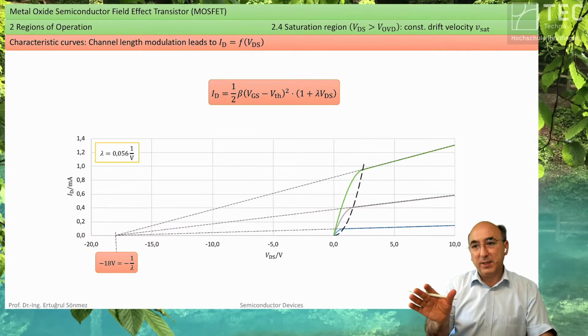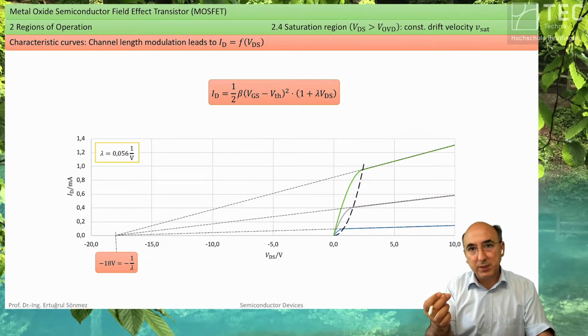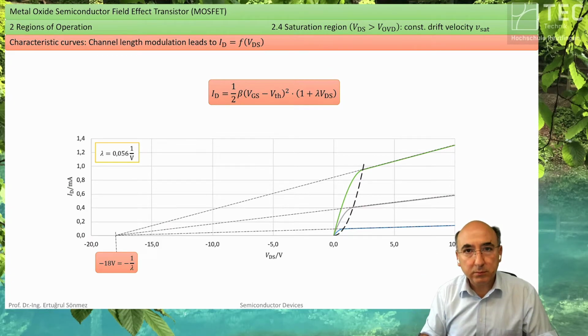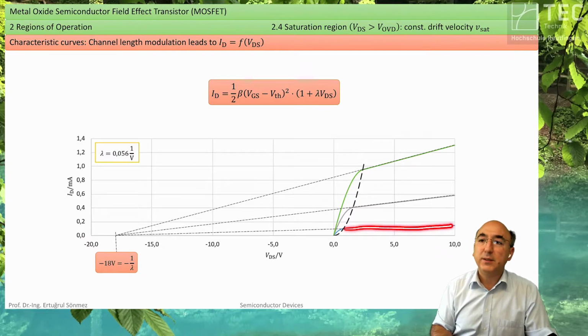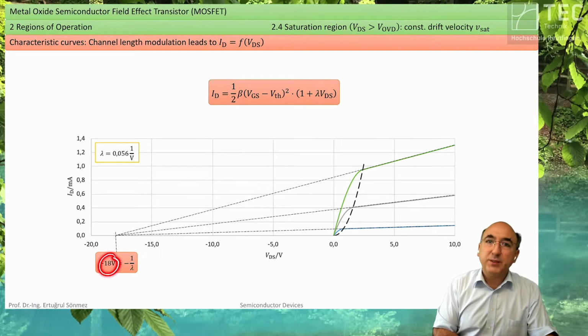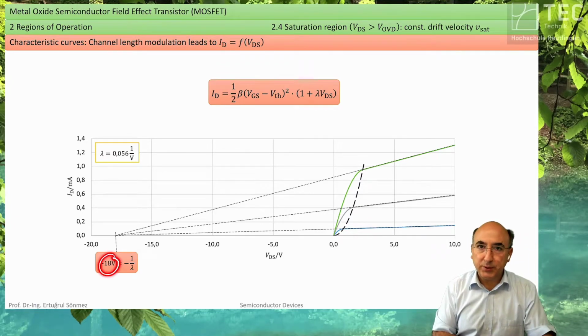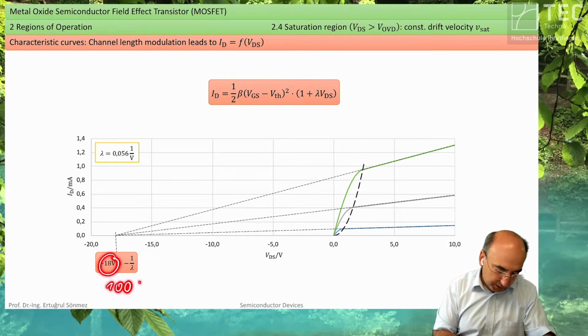Now, what I have said, our wish is for a transistor to be a current source. So we wish to have very flat output characteristics. This value is for bipolar transistors in the range of 100 volts.